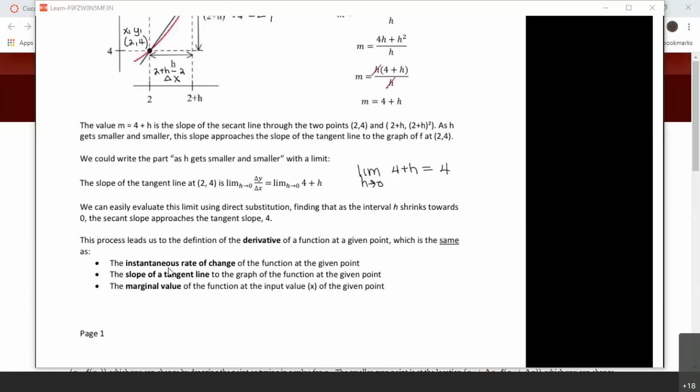It's the slope of the tangent line to the function's graph at that point. And it's also the marginal value of the function at that value of x. So these are all vocabulary words that mean derivative.